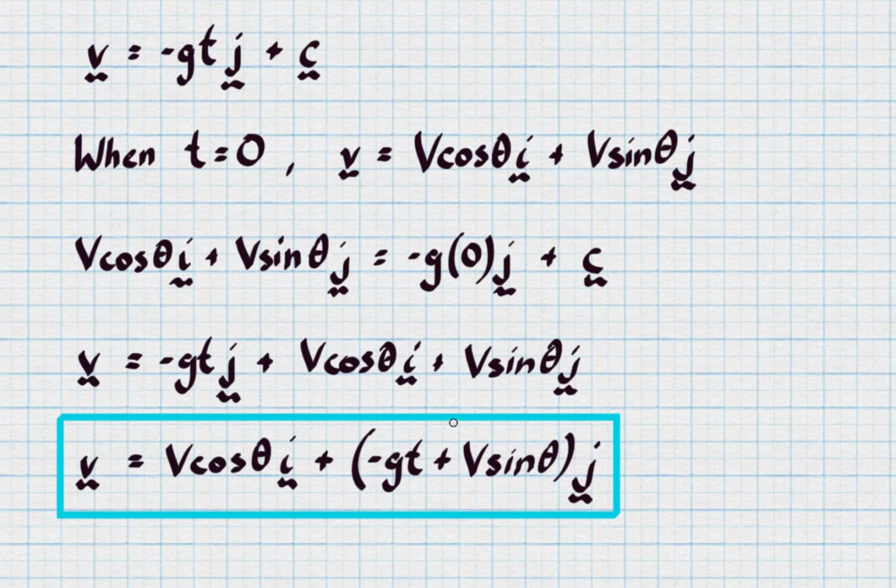However, the vertical component does involve t. And so therefore, at some point in time, this vertical component for velocity will become 0. And that is the maximum height that the projectile reaches. It's like a turning point, right? And we can picture that graphically.